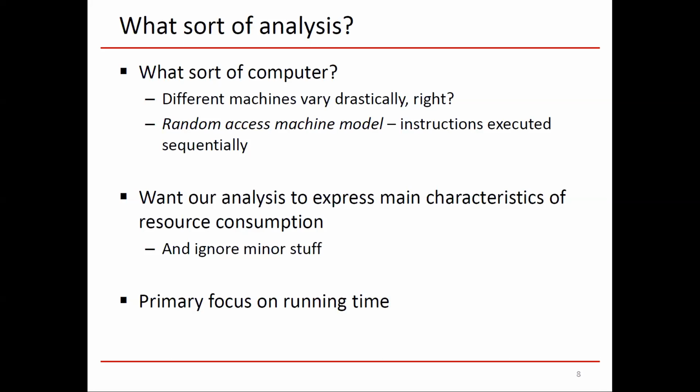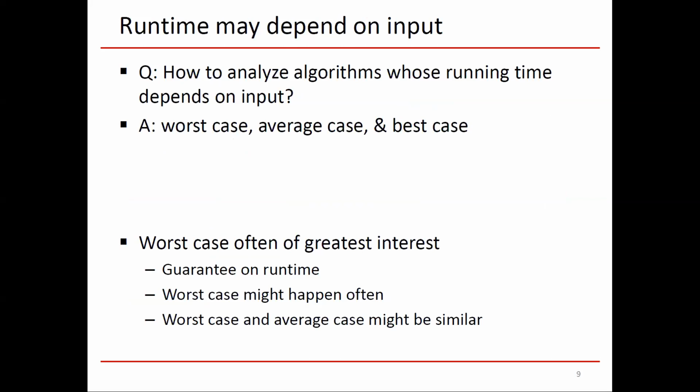Now, the runtime might depend on the input. It could be that for inputs of the same size, sometimes the running time will be slow and sometimes it'll be fast. So here's a question: how do we analyze algorithms whose running time depends on the specific input? There are different answers.